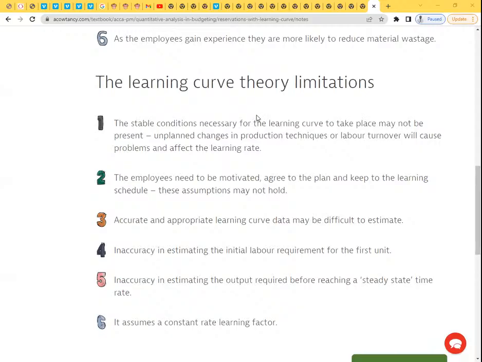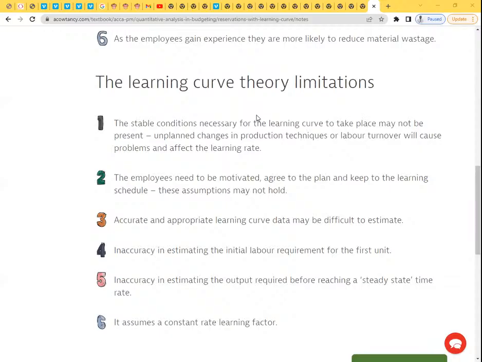So what I'll never forget about these disadvantages, limitations. Number one, we are making an assumption that the time taken to produce the first unit is known in advance. There are very many companies that don't keep records. If you ask them how long it took them to make the very first unit, they'll tell you they don't know. It assumes in this case that R is known in advance and is going to remain constant. It assumes that all jobs are manual, labor intensive, which is not the case.